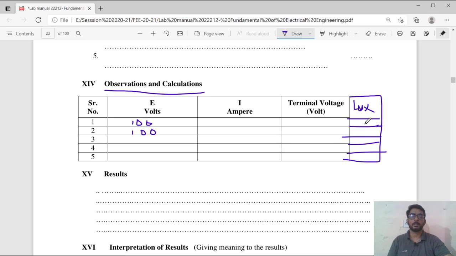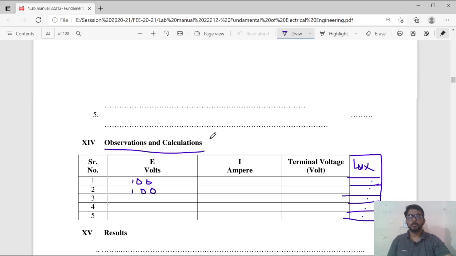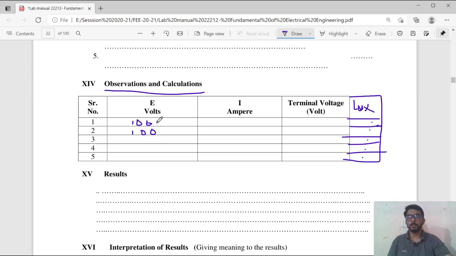Like this, how many lumens there are: 200 lumens, 300 lumens, 400 lumens. You can write the values here. First of all, this EMF is maintained constant, but the terminal voltage may vary. Initially it will show up to 100 volt.